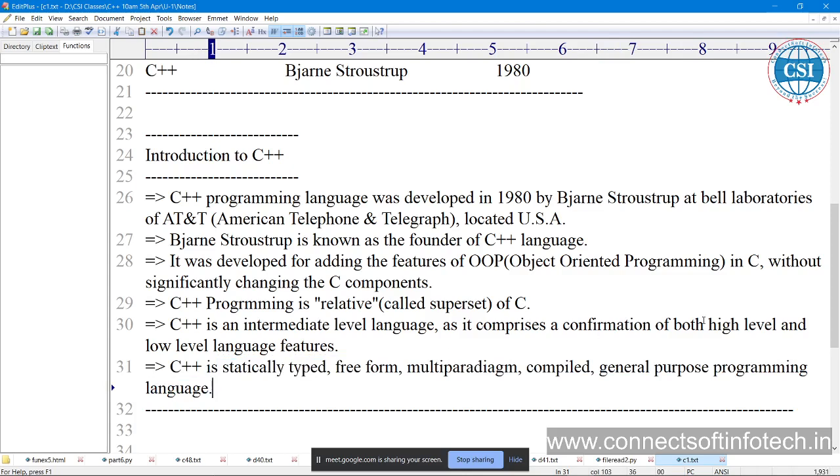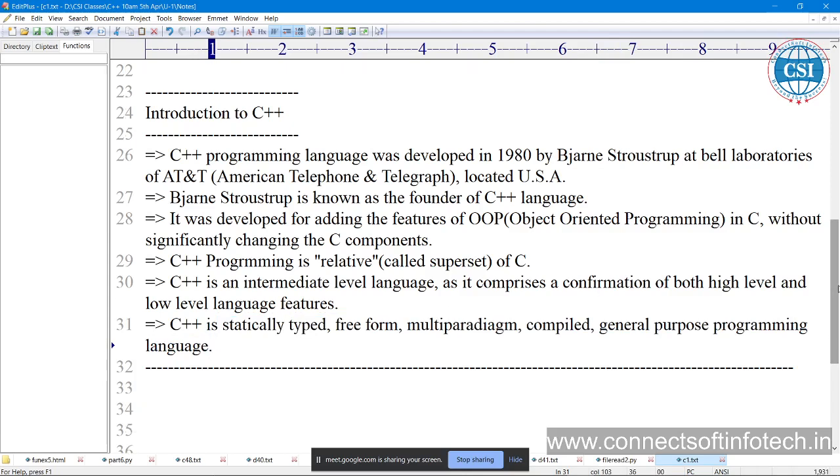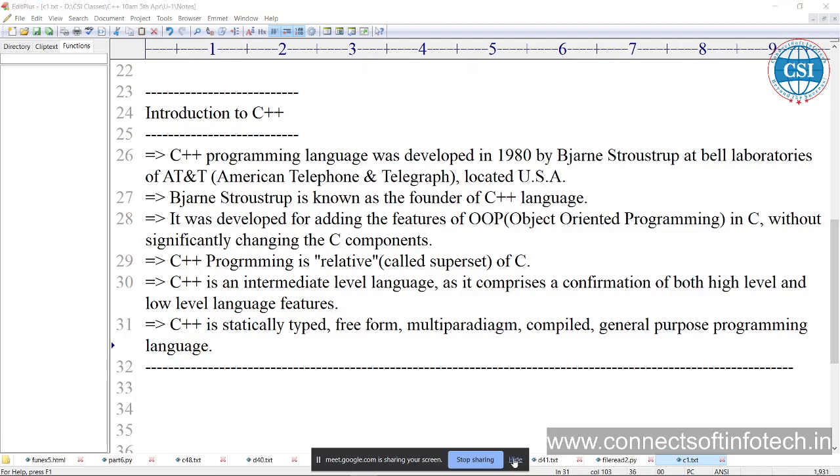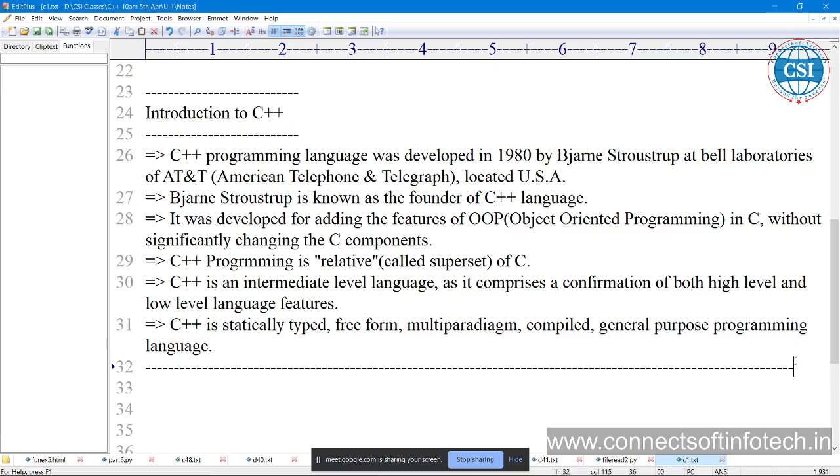Here the OOPs features are added. The properties of OOPs we are going to see in the next class. Okay, is C++ an object-oriented programming language or not? Yes, C++ is an OOPs programming language. So now let us see the properties, features or concepts of OOPs.